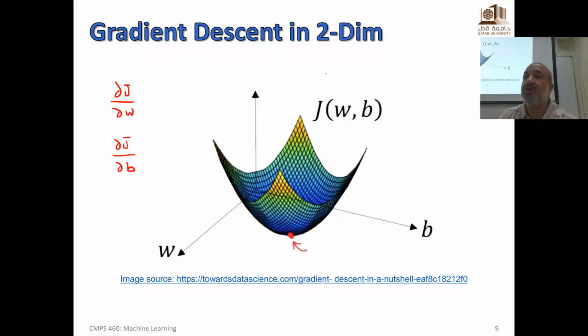What is the meaning of each? It's the rate of change, right? This is how much j will change if w changes a bit, and this is how much j will change if b changes a bit.